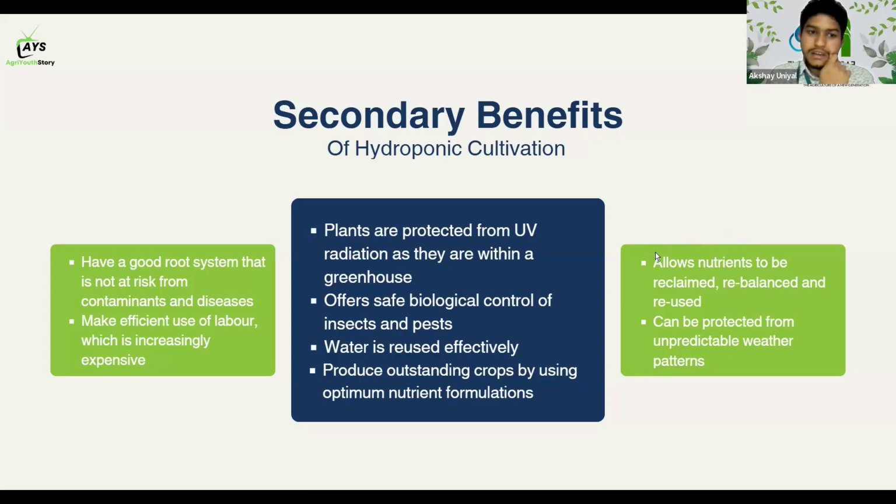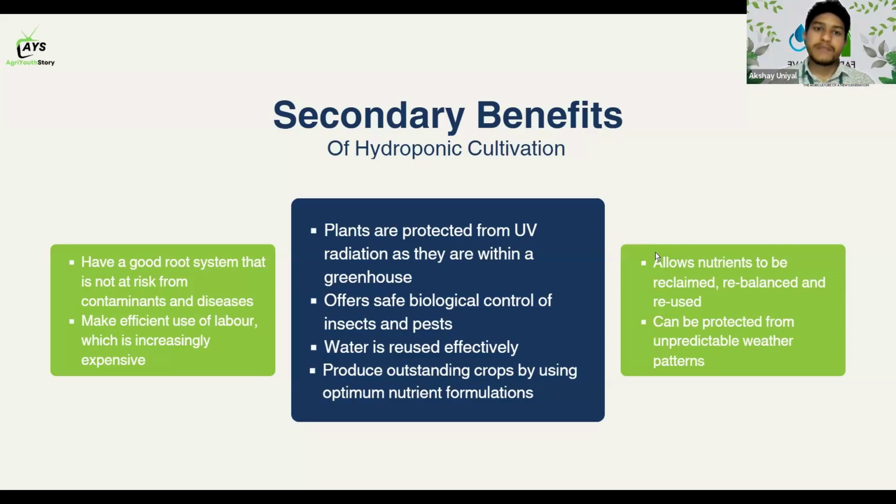Now the NFT systems that we talked about, it has a reservoir, and the nutrient mixed water is being recirculated. Now this recirculating system, what it does is that no nutrient is being wasted. So we need to only give that much nutrient to the plant that it requires. So there is no wastage of water, there is no wastage of nutrients also.